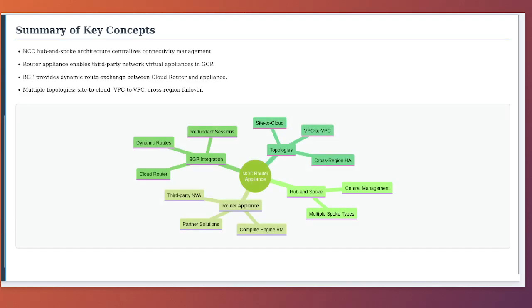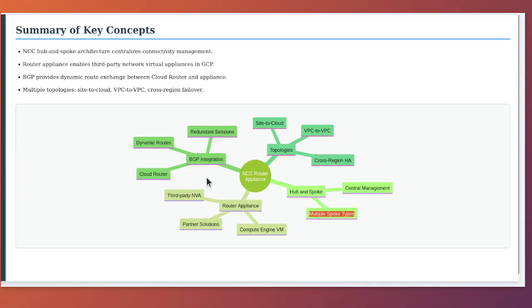Summary of key concepts. Let me summarize the key concepts we have covered in this presentation series on Network Connectivity Center with Router Appliance. Network Connectivity Center provides a hub and spoke architecture for managing network connectivity across Google Cloud and hybrid environments. The hub serves as the central management point, while spokes represent various connection types including VPN, Cloud Interconnect, and Router Appliance.